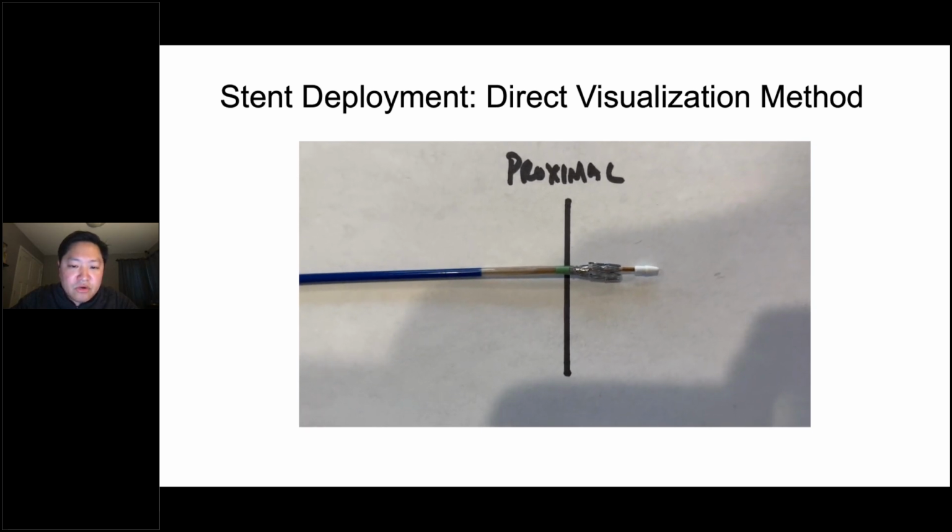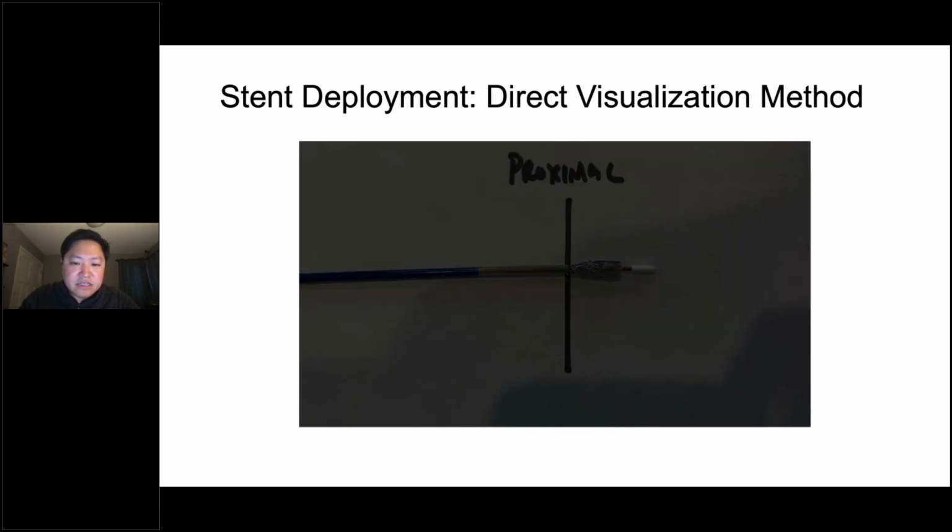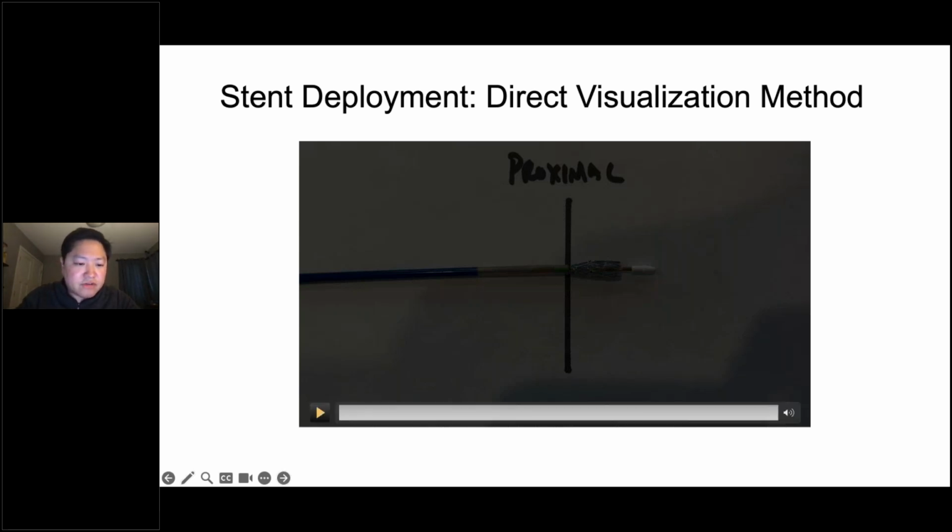We're not deploying a stent in an airway in this video, it's just on a piece of paper. When you're deploying the stent distally, it catches the airway, so there's not that much movement as you see in this video, but that's the typical concept when you're placing these stents under direct visualization.